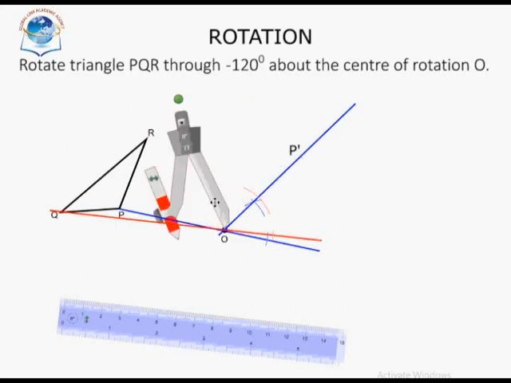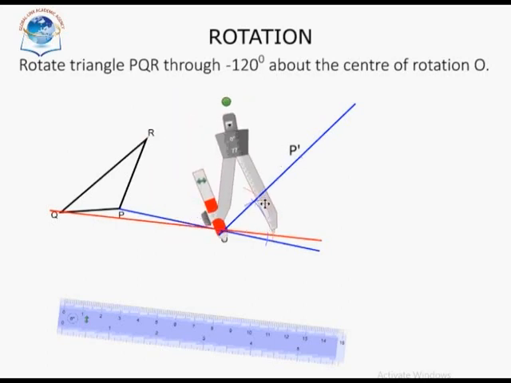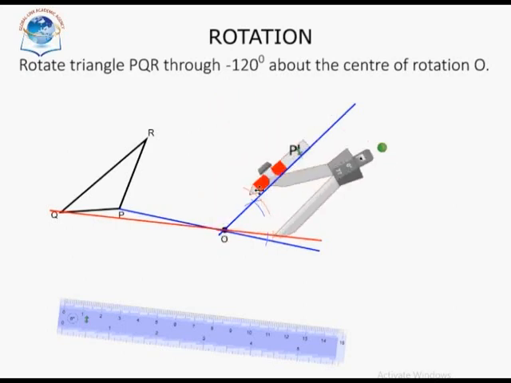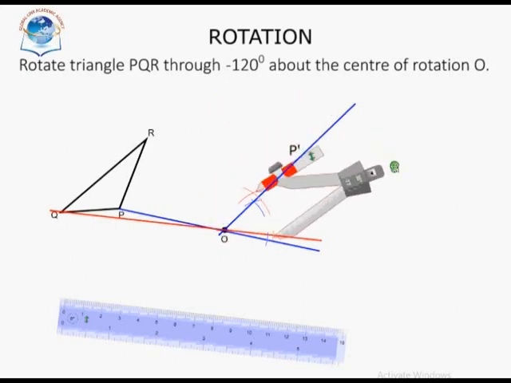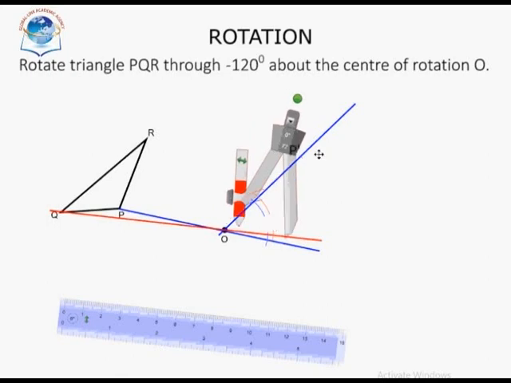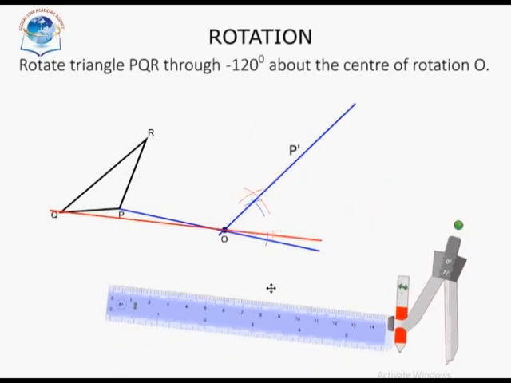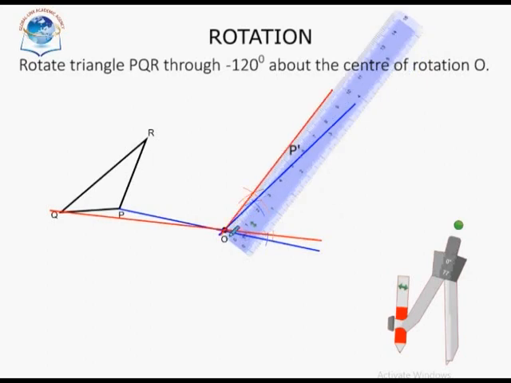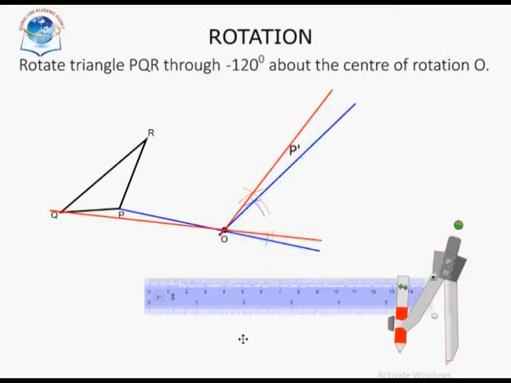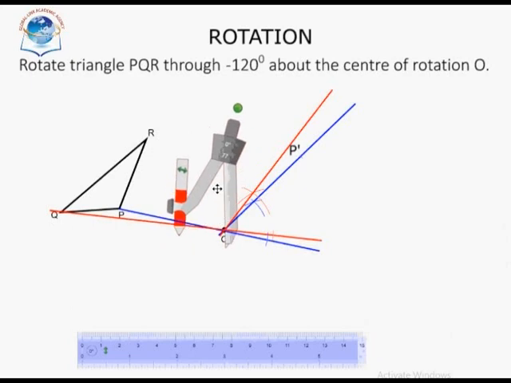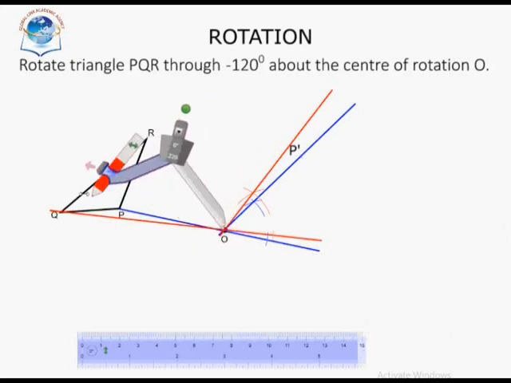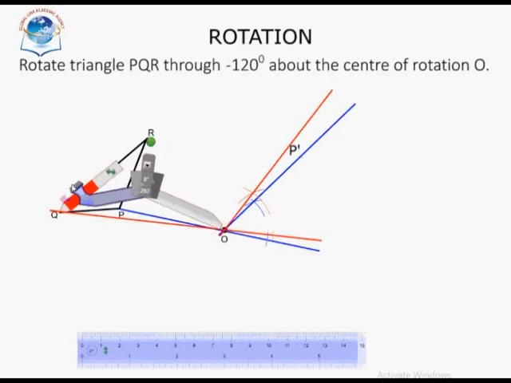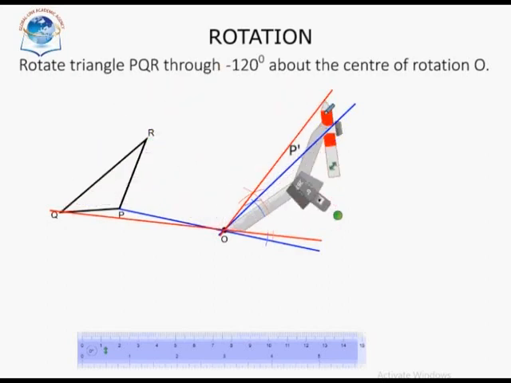Come to this arc on the line, and maintaining the same distance, mark an arc above to cut this arc. Now join point O to the point of intersection of the two arcs. Now we need to reproduce the distance OQ on the new line. So measure the distance OQ and mark the same distance on the new line.